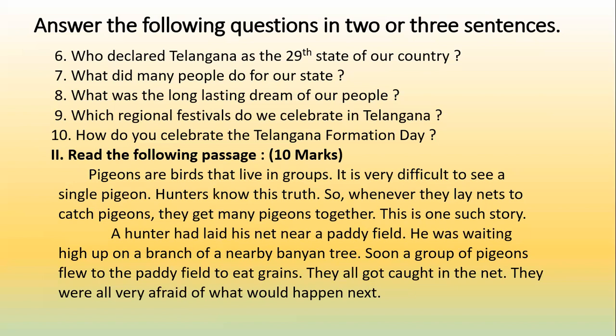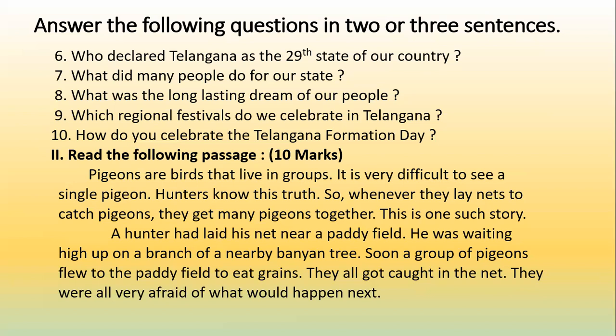On 2nd June of every year. Second point, you have to write it in the same way. We come to school with neat uniform. And on that day, what do they do?